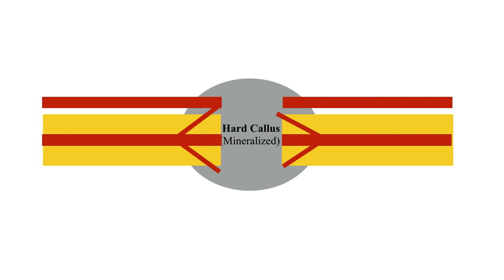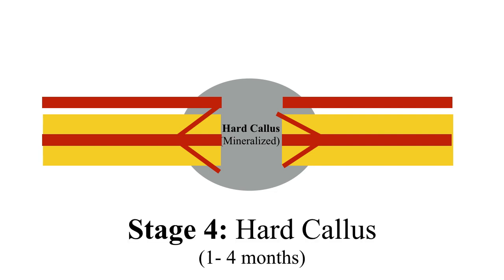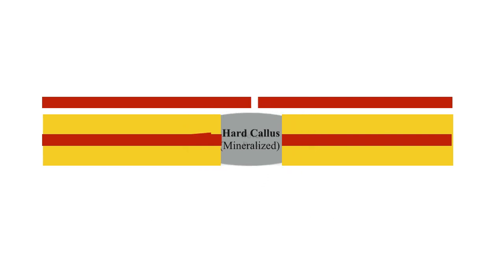This mineralized callus is otherwise called hard callus, and this is stage 4, that is the stage of hard callus, which occurs between 1 to 4 months following a fracture. This mineralized hard callus then finally bridges the gap at the fracture site, producing a clinically united bone.